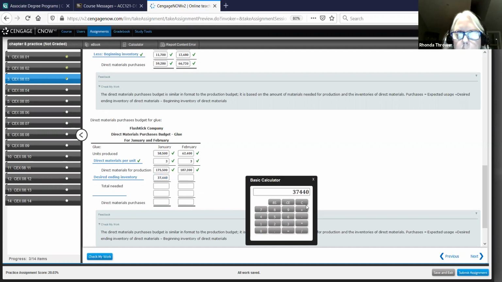And then for the month of March, our units produced was 84,000. And again, that came from the 8-2 exercise. We're going to multiply that by the number of ounces of glue that we need, which is 3. And then we're going to multiply it again by 20%. And that's going to give us 50,400.